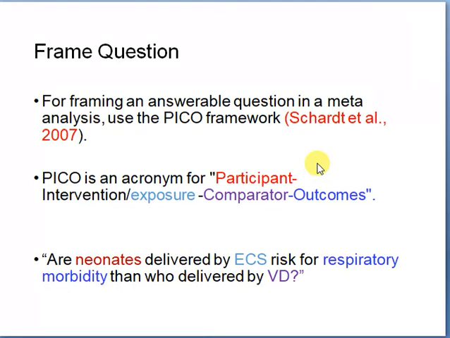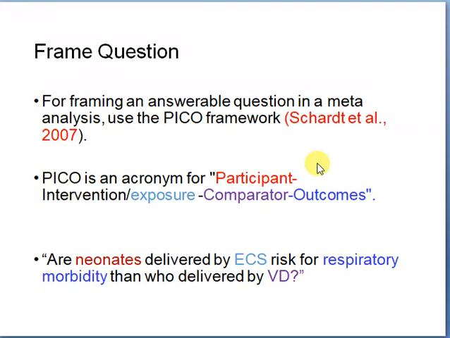Intervention or exposure: there should be a group that is categorized under the exposed group, the case group, or the intervention group. And we have another group that is the comparator group or control group. Then we have an outcome. At the last, there is an outcome that we're going to measure.